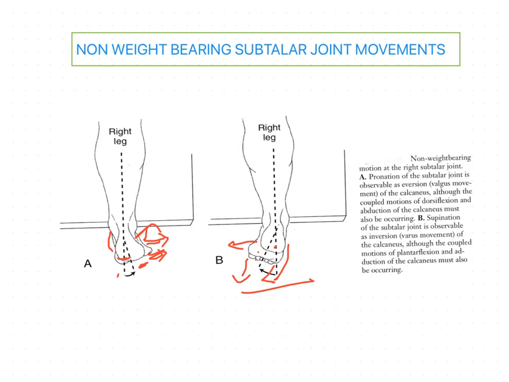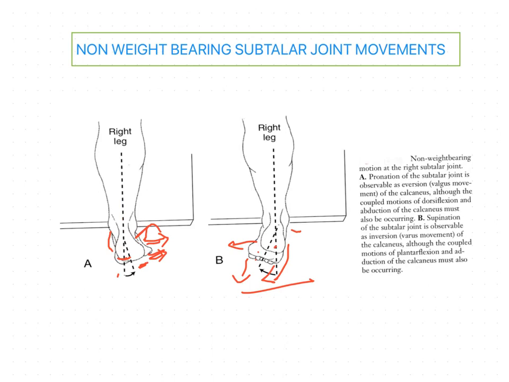We have already observed this when the person is standing, in the previous discussion, that is calcaneo valgus, and here we can see calcaneo varus. So these are the things which happen in the non-weight bearing subtalar joint movements.